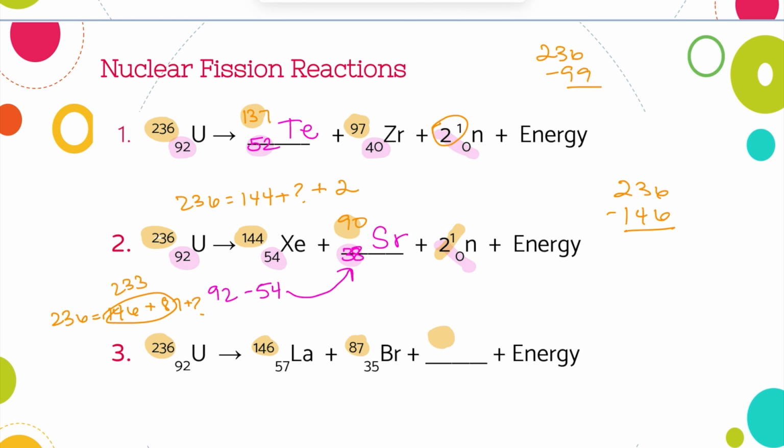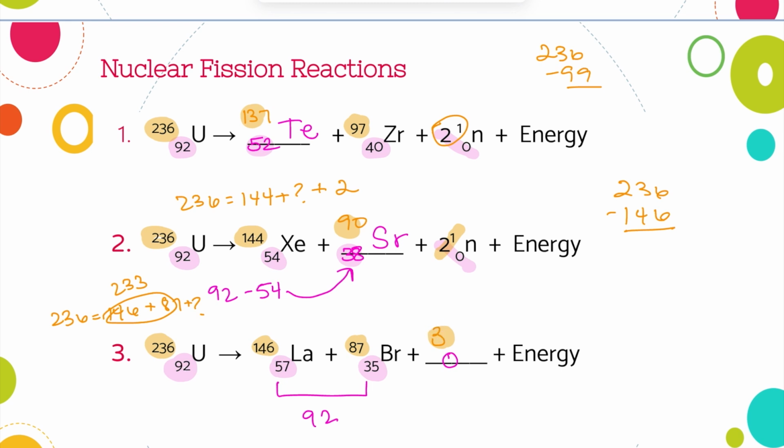And so if I subtract that from that 236, I get 3. As I look at the numbers on the bottom, 92 needs to equal 57 plus 35. Well, 57 plus 35 is that 92. So I have no protons here, but I need a mass of 3 here.